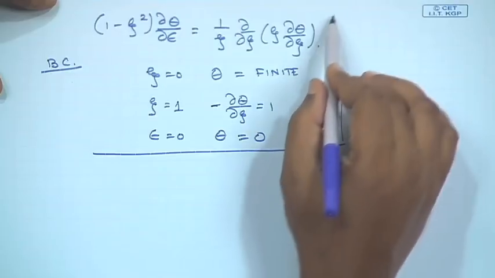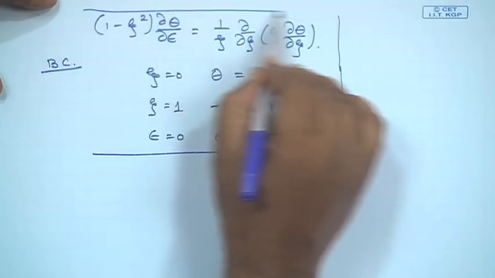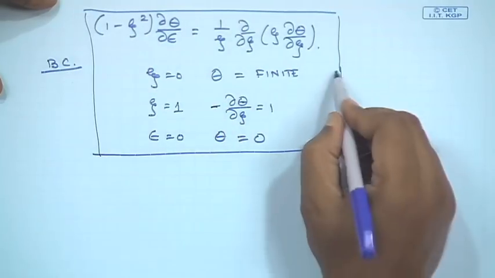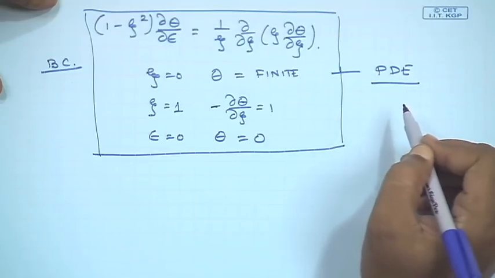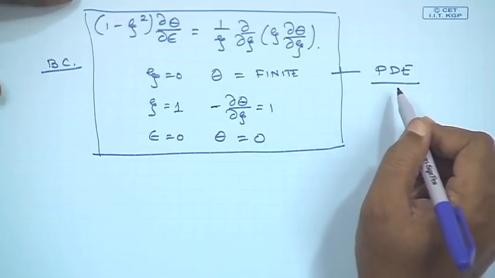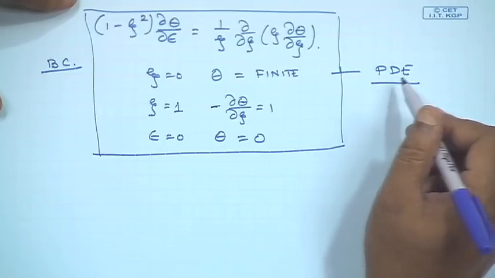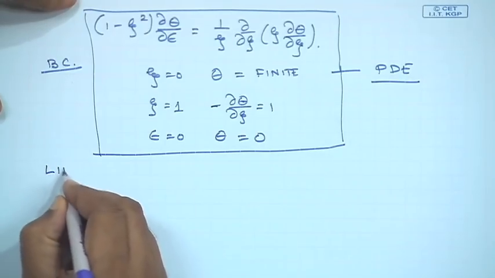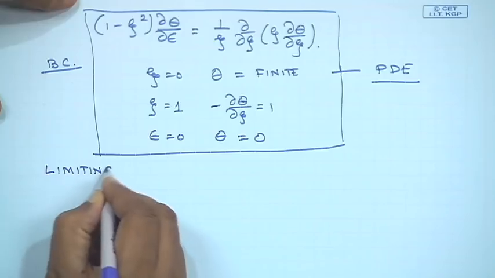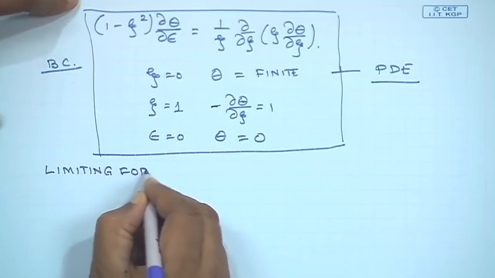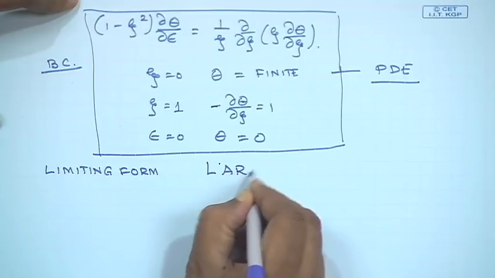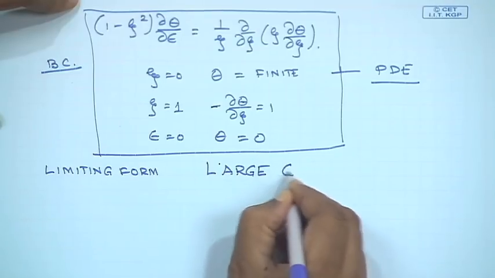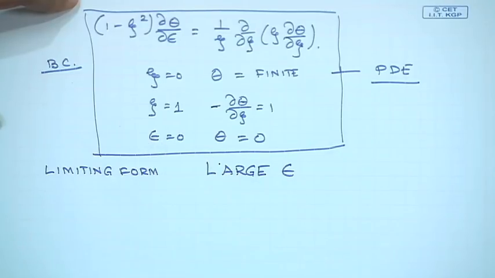It makes the equation and the boundary conditions compact, but this is still a PDE, and since it is still a PDE, it cannot be solved analytically. There is only a limiting form of the equation which is valid for large epsilon, that means at large values of z.